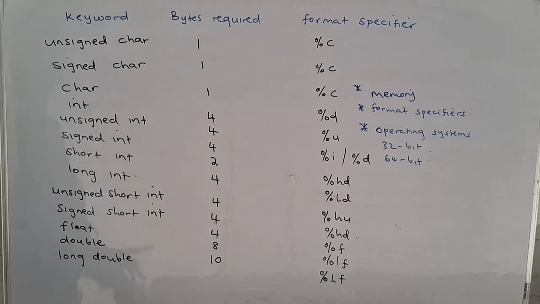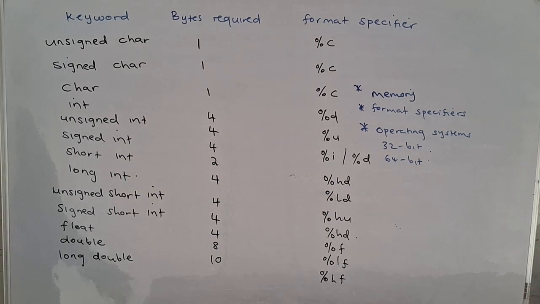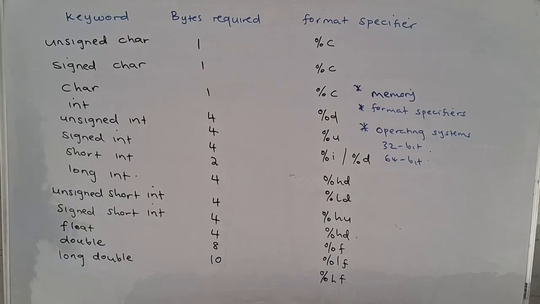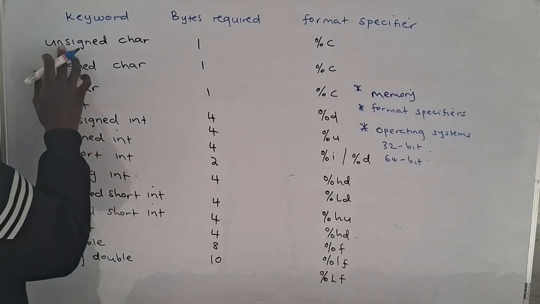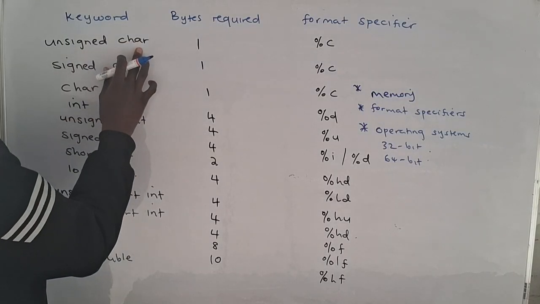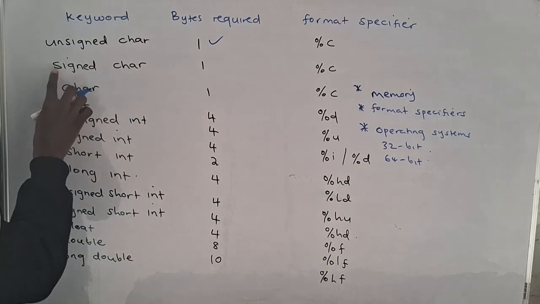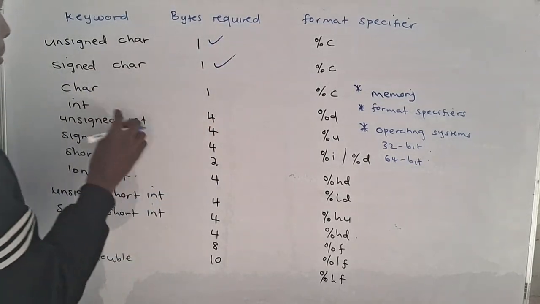Don't forget, in the previous class we discussed the ASCII table, the conversion panel. We have signed and unsigned characters. Unsigned characters take only 1 byte, and signed characters also take 1 byte.